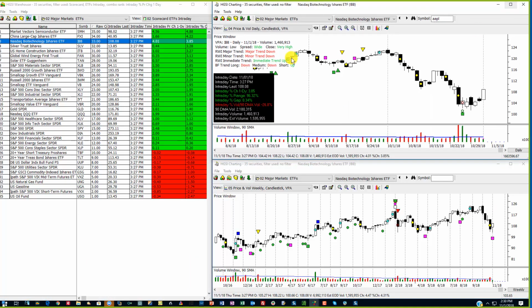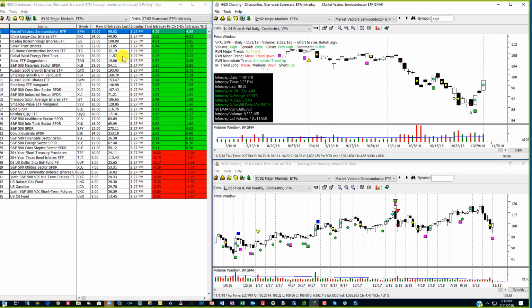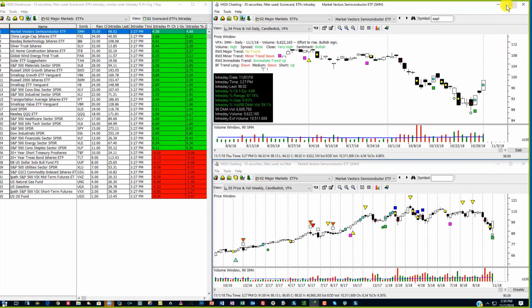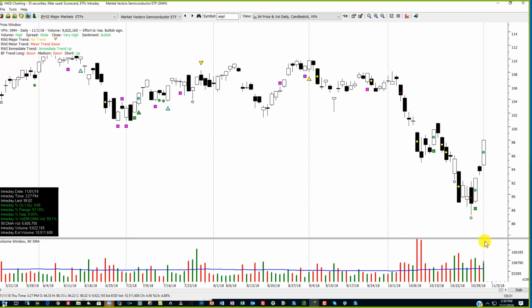Don't rush into that. Now let's go back and look at the market vectors. We get a totally different picture here on the semis today, don't we? Because this volume is running almost 60% above the average volume. And if I make this chart a large chart here, you can see that this volume bar is running well above the moving average.